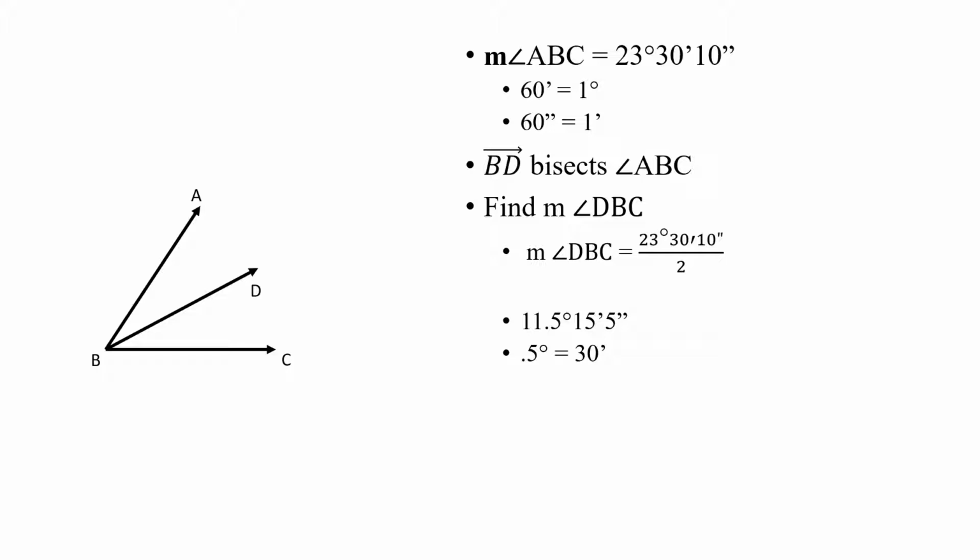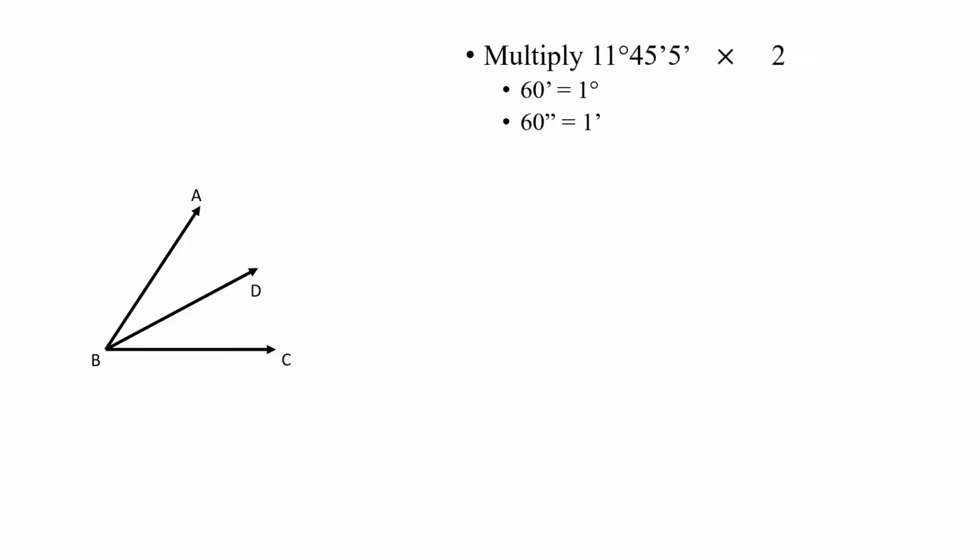So we just take that extra half degree, convert it into minutes, which is 30 minutes, and add that to our minutes count. That gives 11 degrees plus 45 minutes, 15 plus 30, and 5 seconds. And we can reverse the process to see how we would go about multiplying.